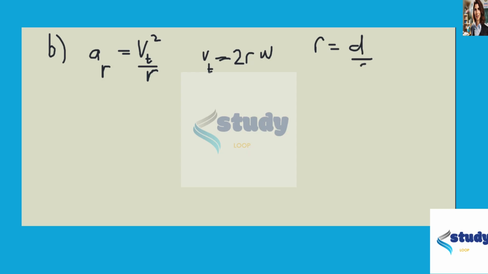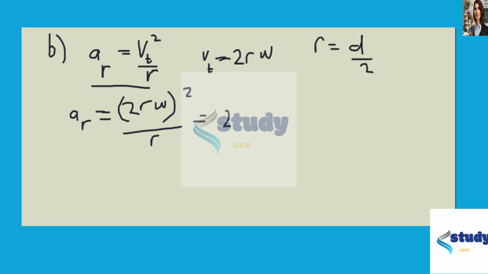So we can substitute with that in this equation here. So we are going to have AR equals (2R omega) squared divided by R, and this is equal to 2 omega squared times D over 2.